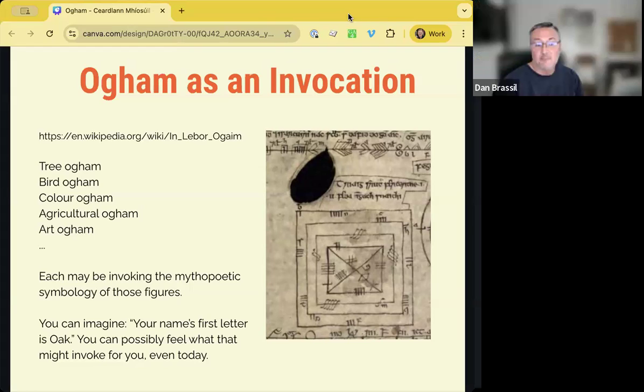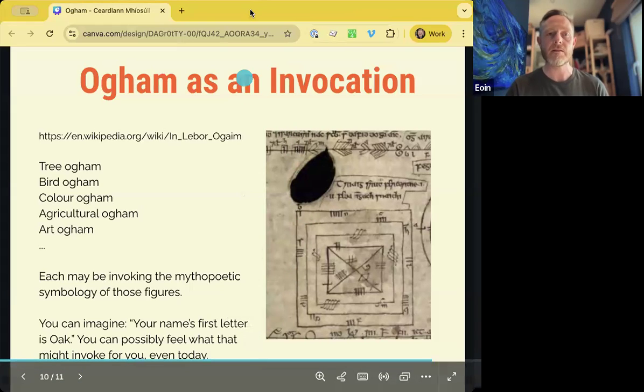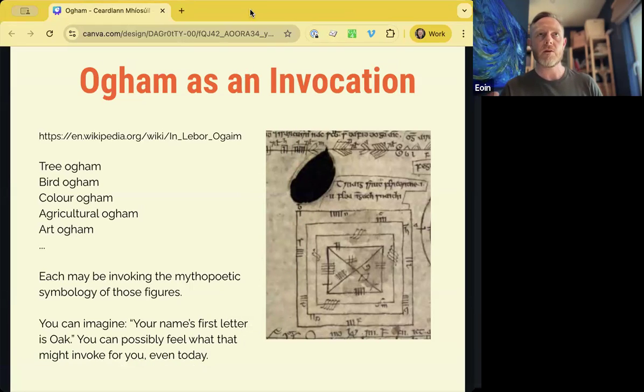And going back to the bardic tradition, it's said that in their training, the bards or the poets would have to learn 50 types of Ogham, or lists of words, right, in each of their first 3 years of training. So I added just a note here: imagine somebody told you, okay, your family name, your tribal name, the first letter in your name is Oak.